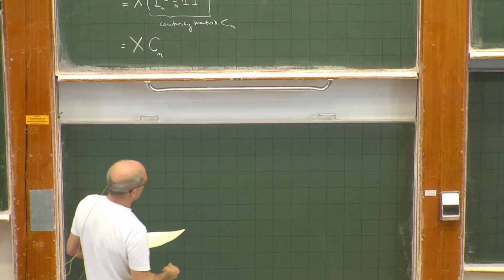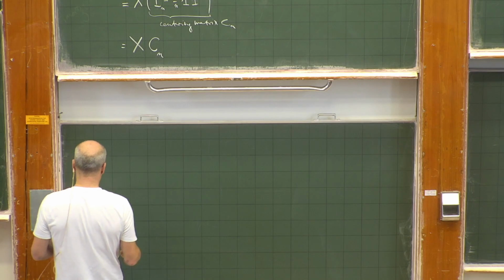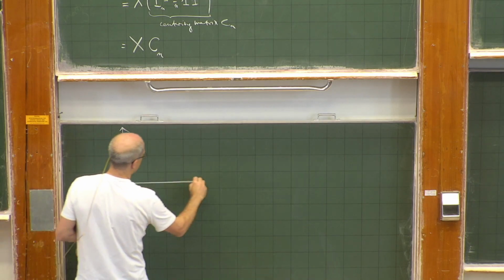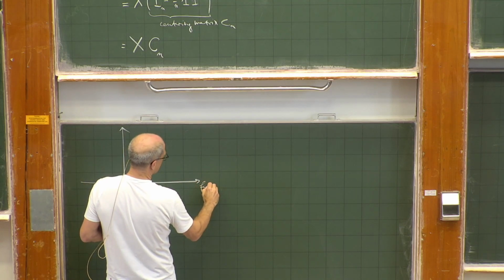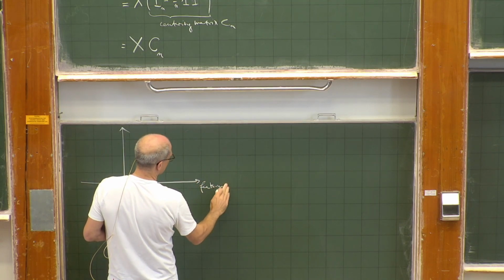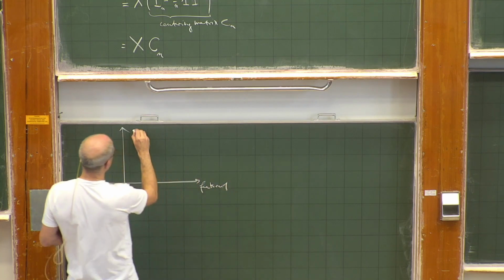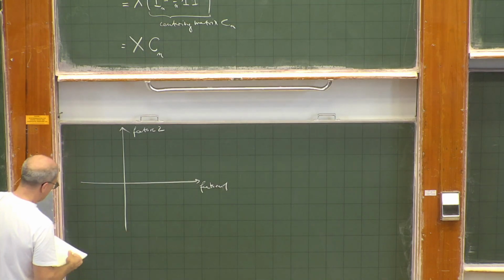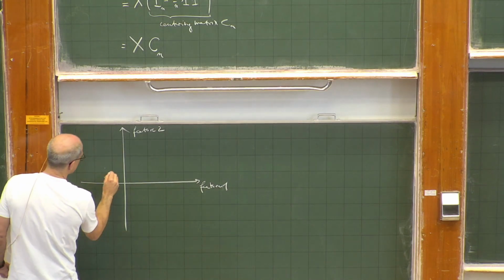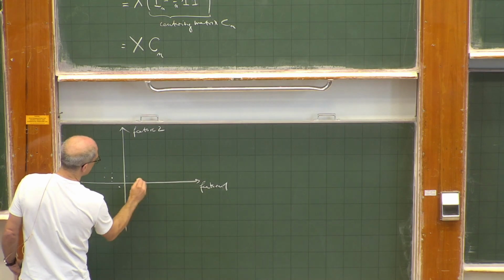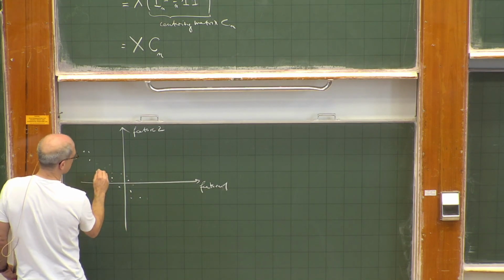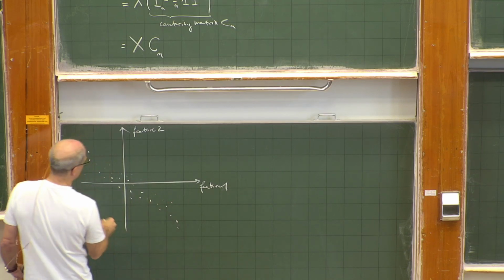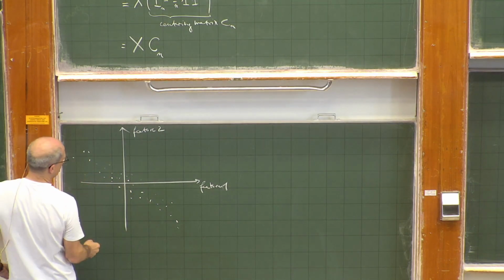And now I'm going to plot the typical PCA picture. Feature 1, feature 2. And I now have observations, and I now assume that the mean has already been subtracted. So the center of mass of these points lies in the origin.